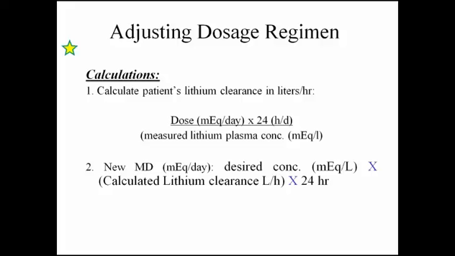Once you know the patient's lithium clearance, which is better than the population, then you can use that clearance to calculate a new dose. The new maintenance dose will equal the desired concentration multiplied by the calculated patient lithium clearance.